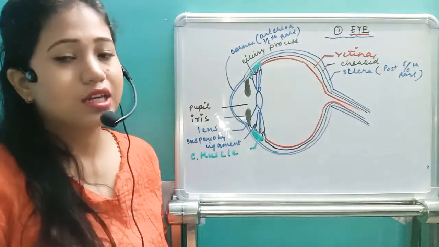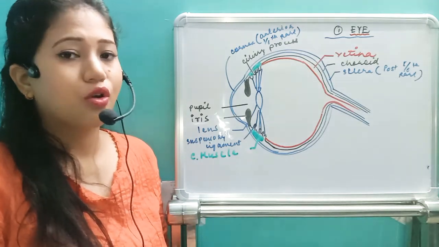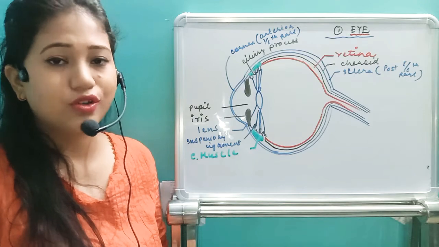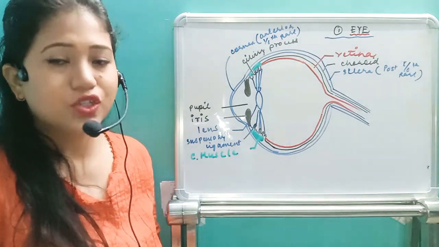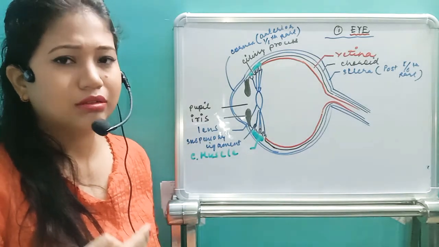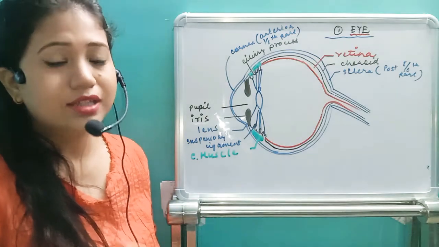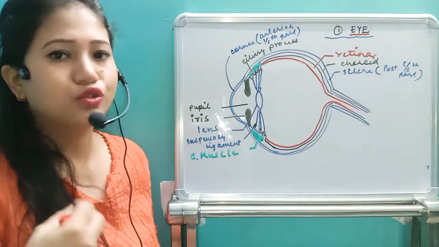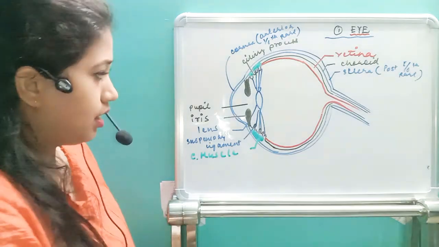In the retina we have the photosensitive cells, called rods and cones. Rods are sensitive to black and white vision, and the cones are sensitive to brighter light, not darker, brighter light. So they give us colored vision. This is the retina, we'll come to that.